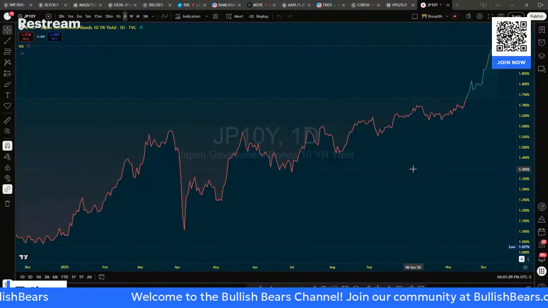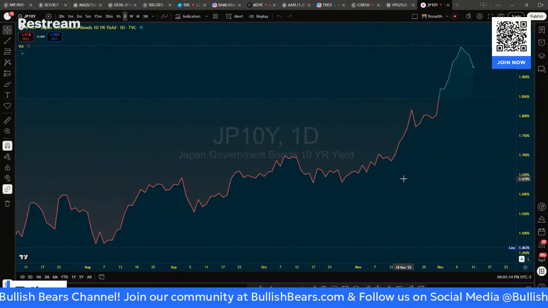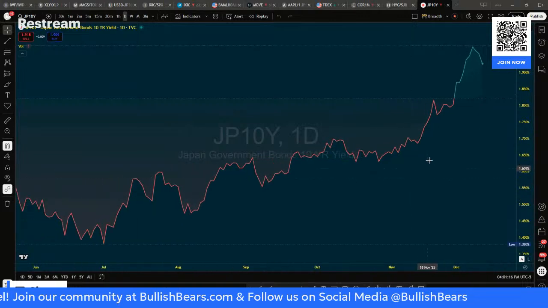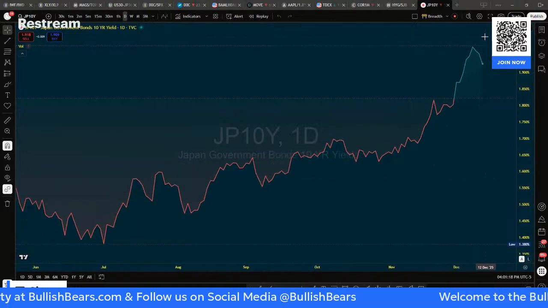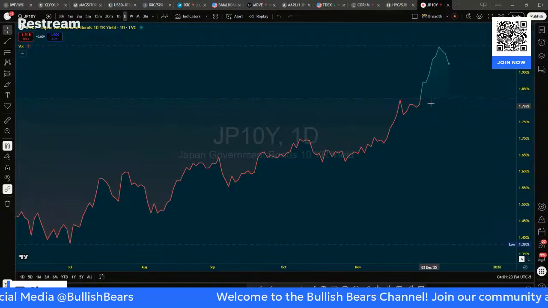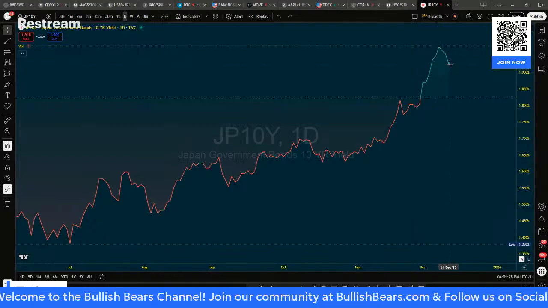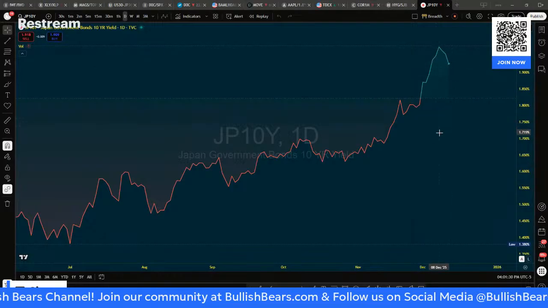And then we're back to Japan and its situation. The JGB and the 10-year bonds were finally starting to roll over. We didn't get to 2 yet, but I would say the threat is not done yet. For all we know, this is just pulling back to get some wind and that it's going to give it another go.